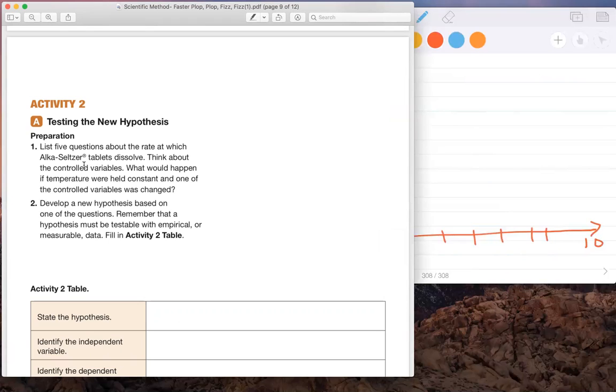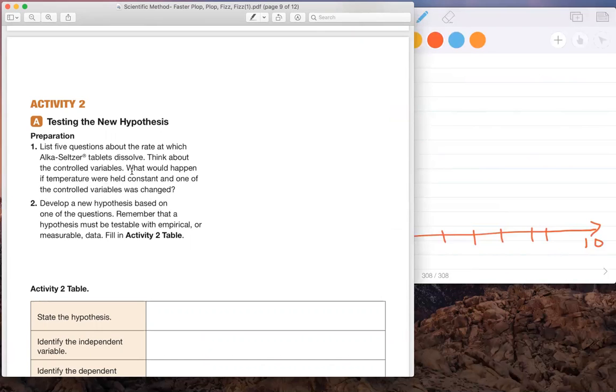You list 5 questions about the rate. You cannot list this unless you have looked at the first activity 1. Once you see the observation, you will be able to ask yourself questions.